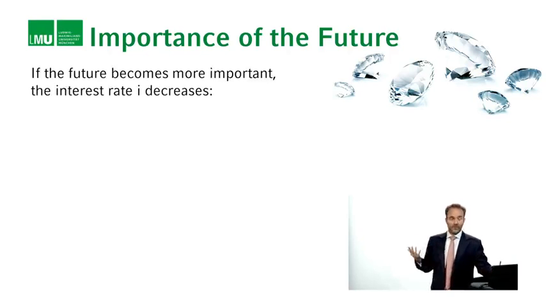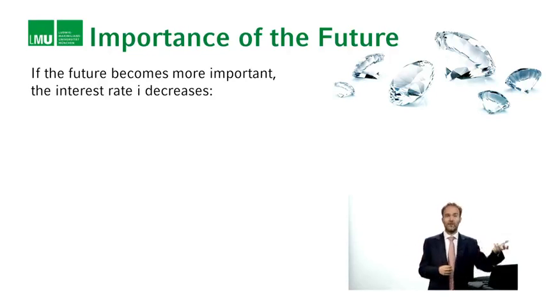Now, of course, there's other things that go on if you invest money in the future. And in particular, there's an interest rate that's attached to investing into the future. So if the future becomes more important here, it means that the interest rate decreases. Now, this may seem counterintuitive, but let's think about it for a second. If the interest rate decreases, then actually today's payoff and tomorrow's payoff are almost the same, right?